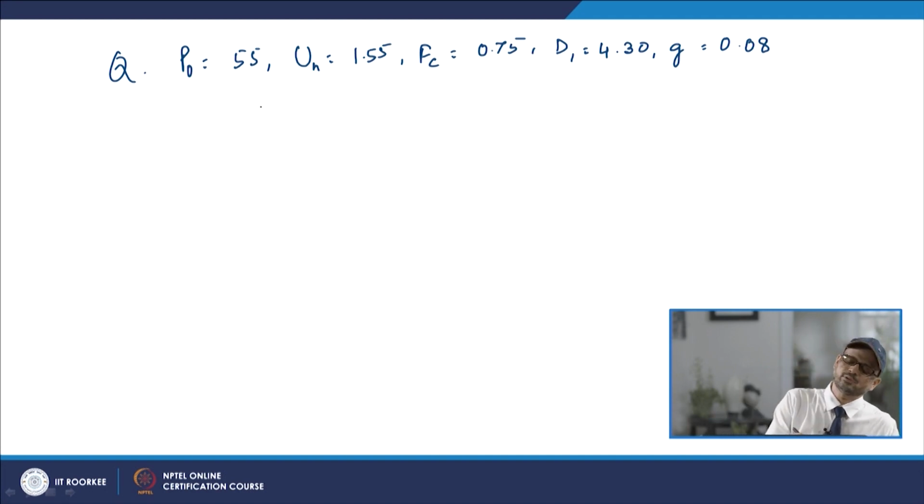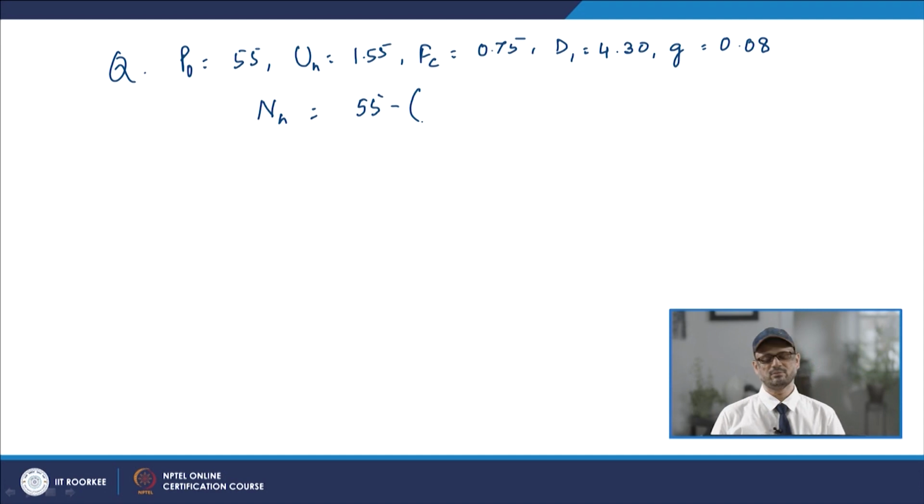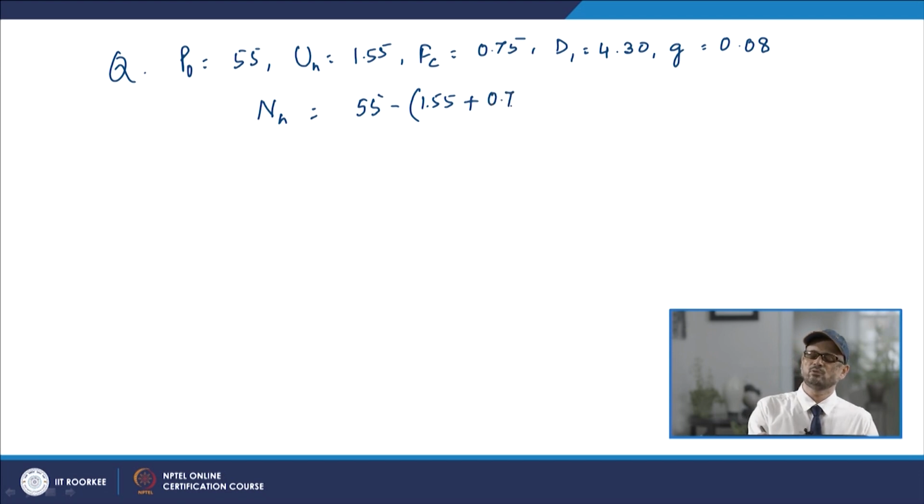So, you can simply find the Nn by subtracting from 55 the degree of underpricing, that is 1.55, and then we also have to subtract the flotation cost of 0.75. So, it will be coming as 52.70 rupees.